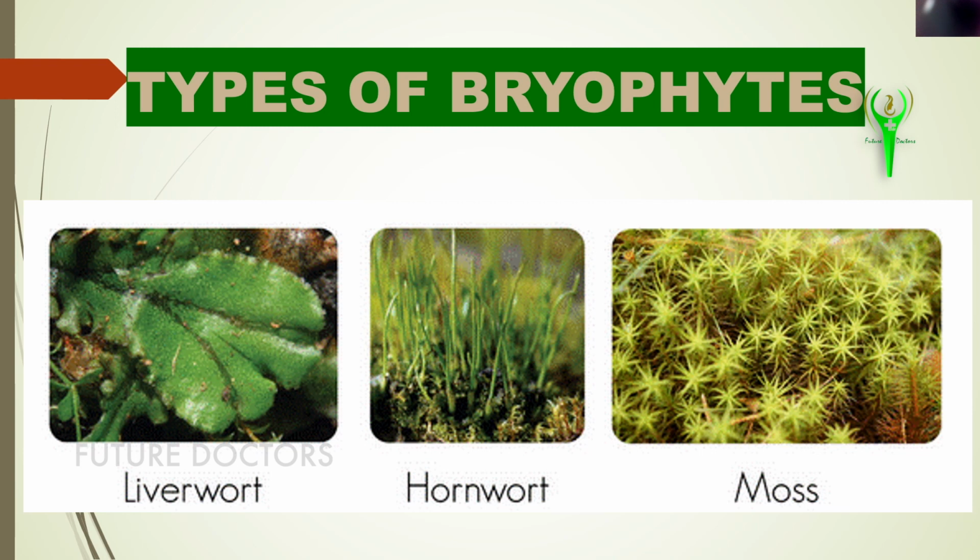Liverworts usually grow in moist, shady places such as banks of streams, marshy grounds, damp soil, bark of trees and deep in woods. The plant body of a liverwort is thalloid, for example Marchantia, which is given in the slide.